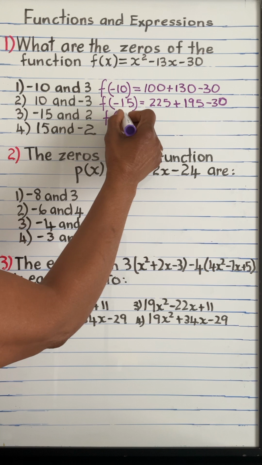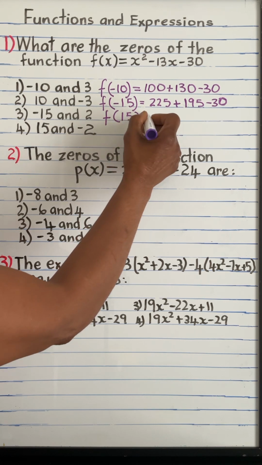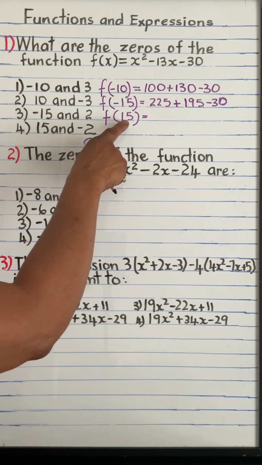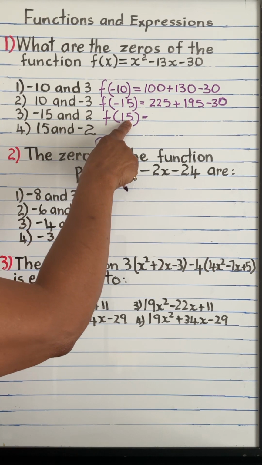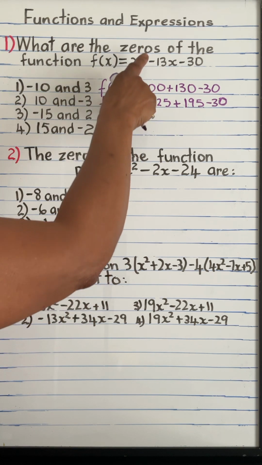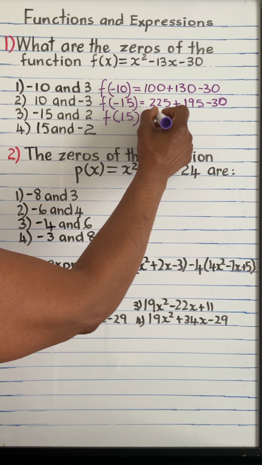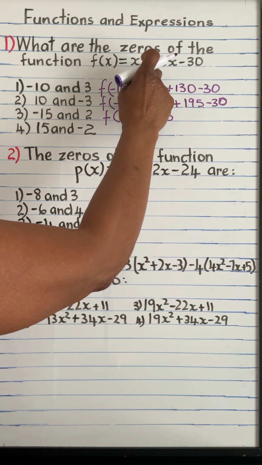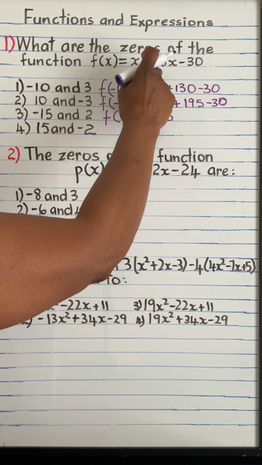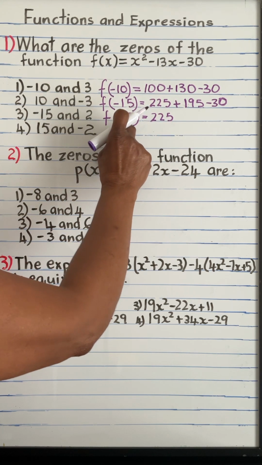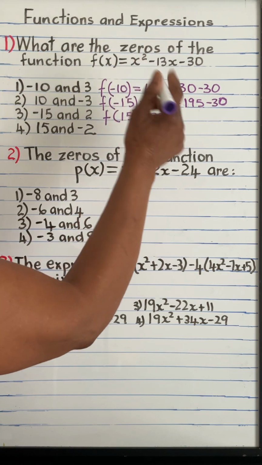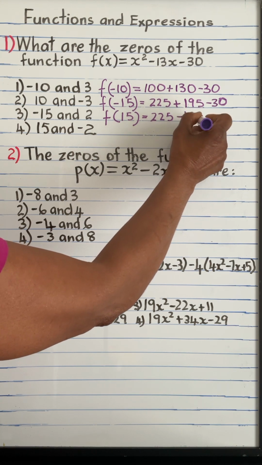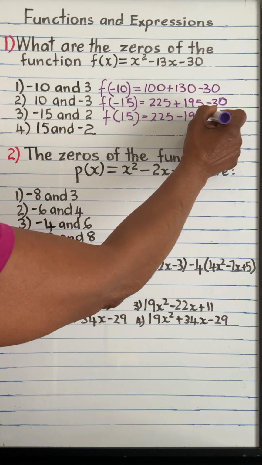f(15) is equal to positive 15 squared, which is equal to 225, minus, positive 15 times negative 13 is equal to negative 195, and we have the negative 30.